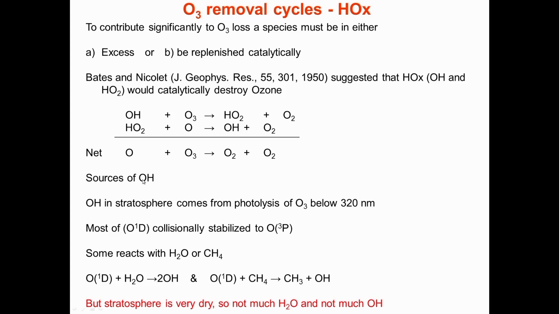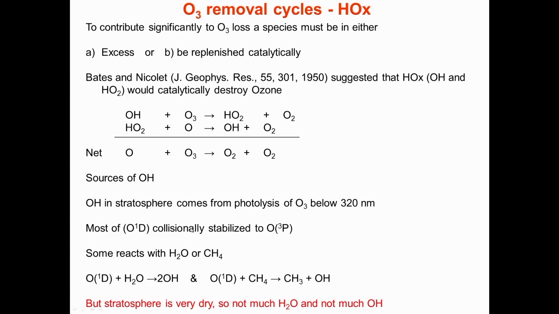So where do we get the OH from? What do you need to make OH? Well, you need light, because you need to photolyse ozone to produce O(1D). But most of the O(1D) is stabilised.